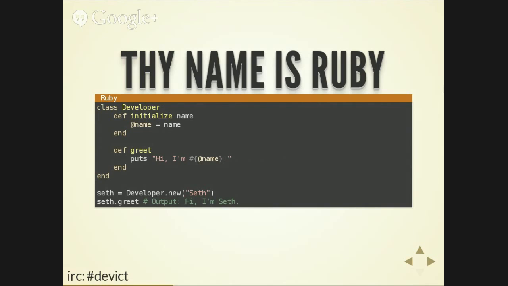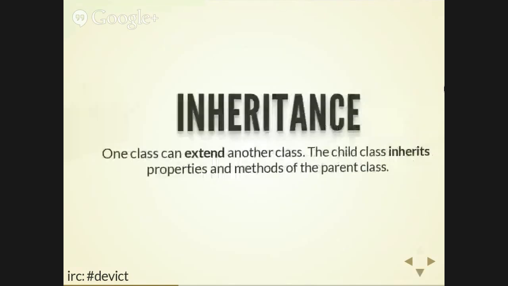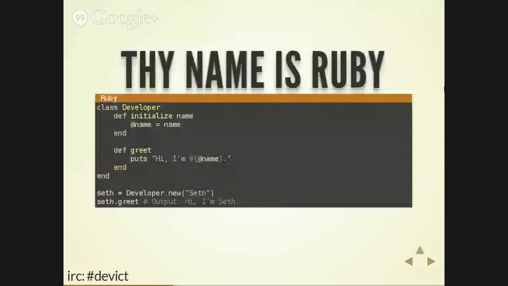So when I say Seth.greet, it says, "Hi, I'm Seth." And next, something else. So, before we move on, if this was truly just a 101 class, we could stop right here and just say here's classes. They have properties, they have methods, you can add data, you can make it do stuff.